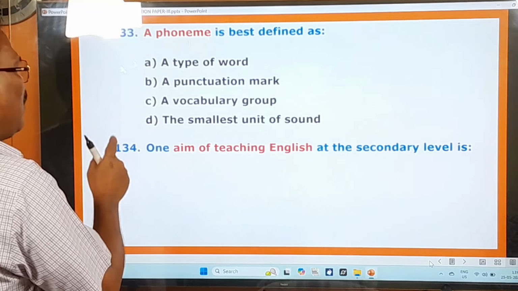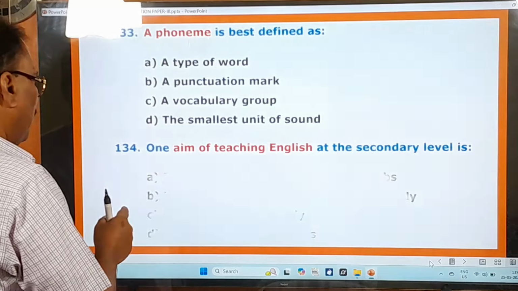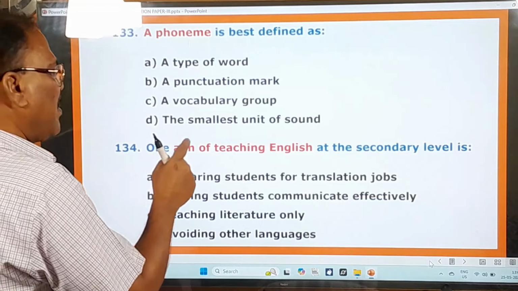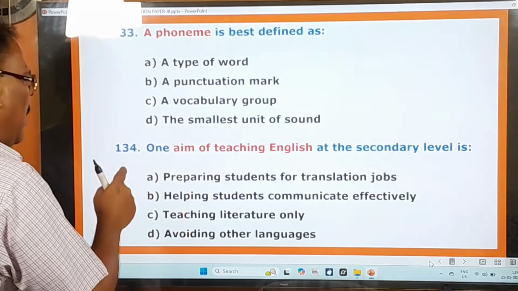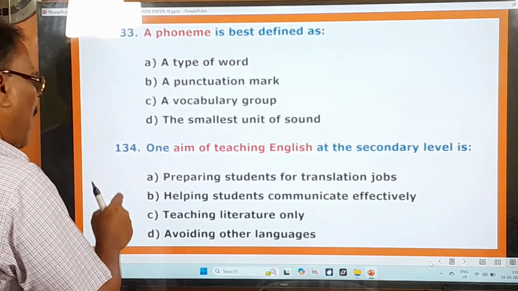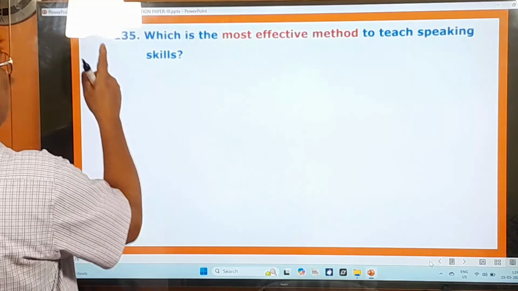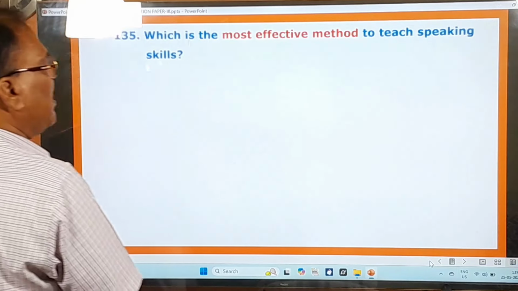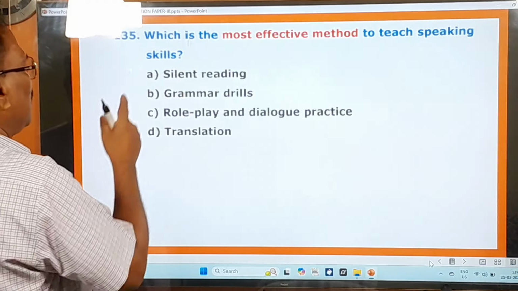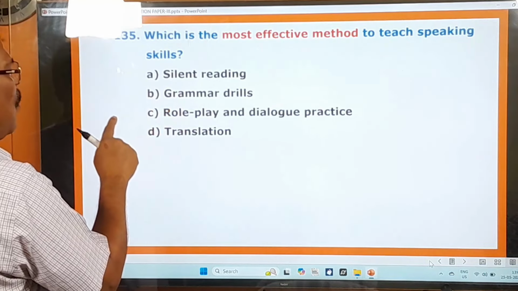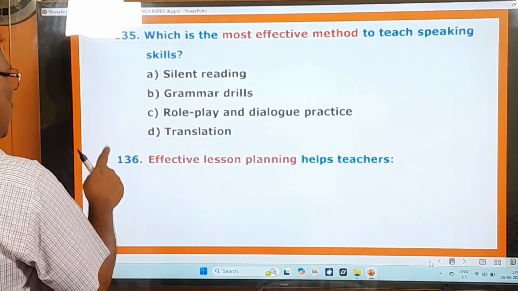134th question. One aim of teaching English at the secondary level is preparing students for translation jobs, helping students communicate effectively, teaching literature only, avoiding other languages. 135th question. Which is the most effective method to teach speaking skills? Silent reading, grammar drills, role play and dialogue practice, translation. 136th question.